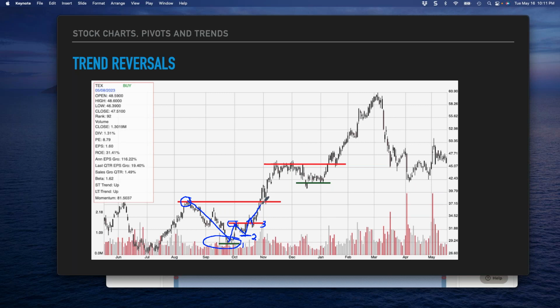It rallies up to this previous pivot high at around 37. This becomes really important. This is why I've extended this red line across, because everything that we are seeing from September through October represents a very, very short period of time, a short rally in a bullish fashion.